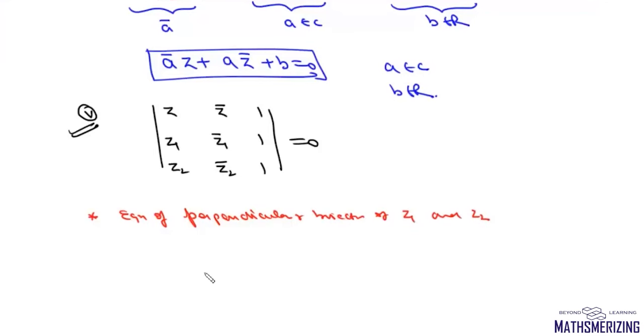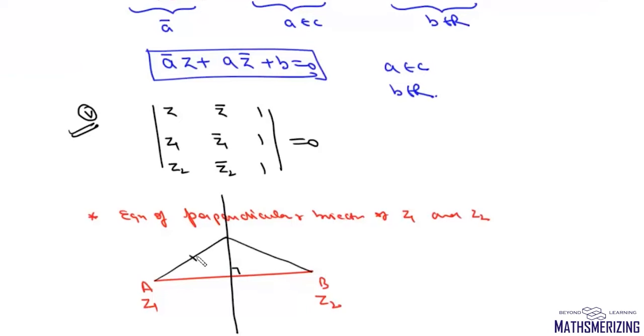So suppose we have two complex numbers A and B which are represented by z1 and z2, and we have to write the equation of this perpendicular bisector line. We know that any point on the perpendicular bisector will be equidistant from both the two points. That means AP must be equal to PB.